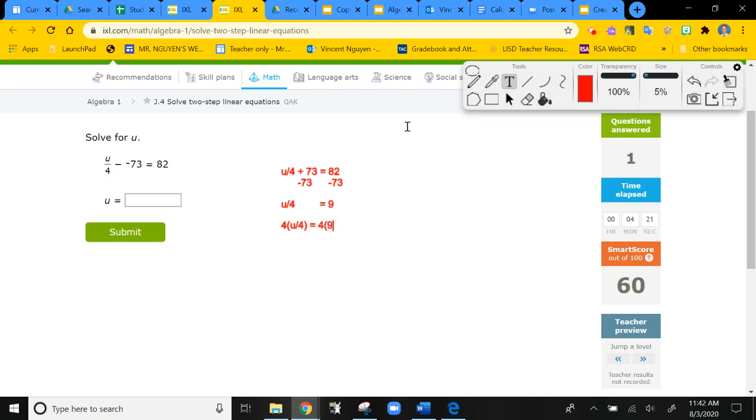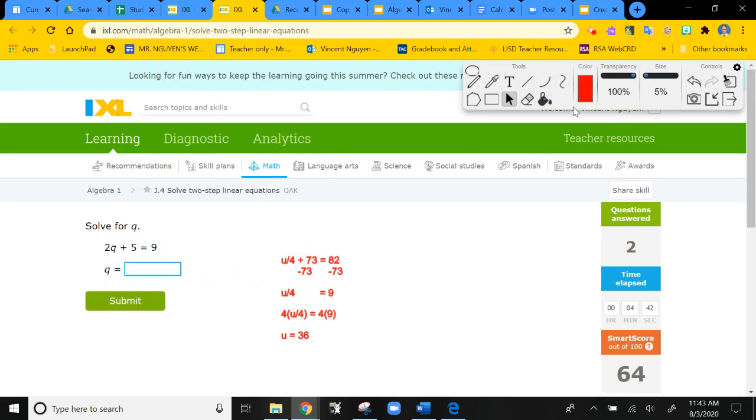I'm just doing this for the first few problems so that you can see the inverse operation. So my solution here is u equals 36, because that's 4 times 9. I'm going to type in 36 and see if I made any mistakes. Submit. Yay, we didn't make a mistake.